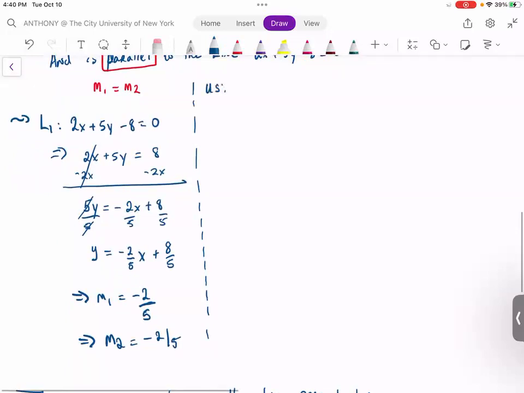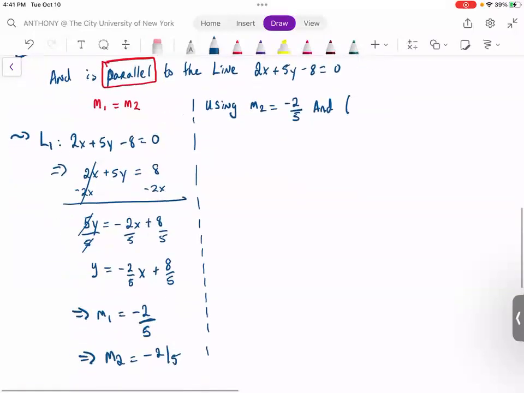Using m2 = -2/5 and the given ordered pair (-1, 6), by point-slope form we have y minus the y1 value, which is 6, equals the slope, -2/5, times x minus negative 1.